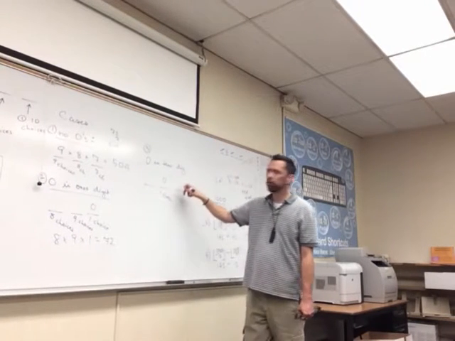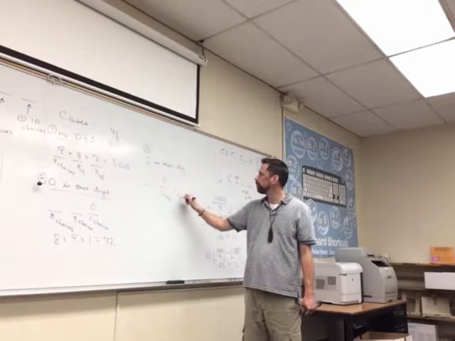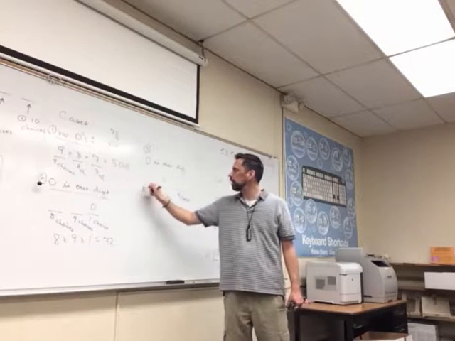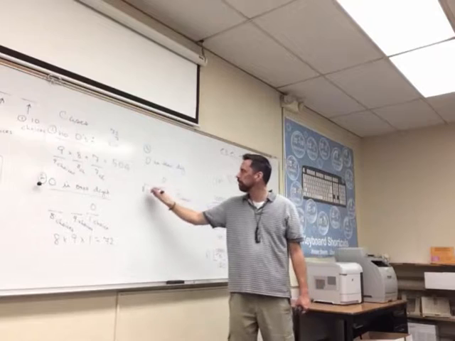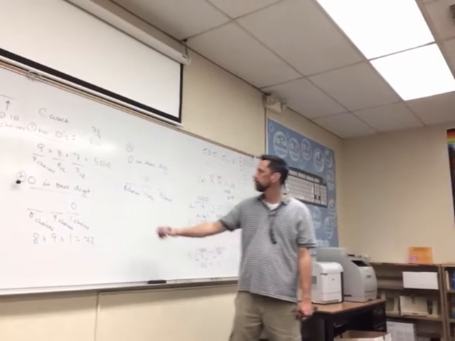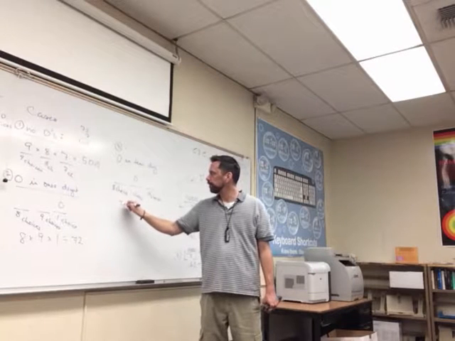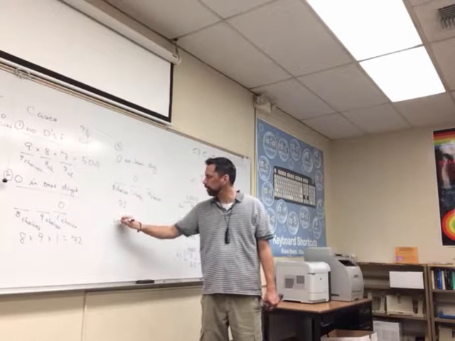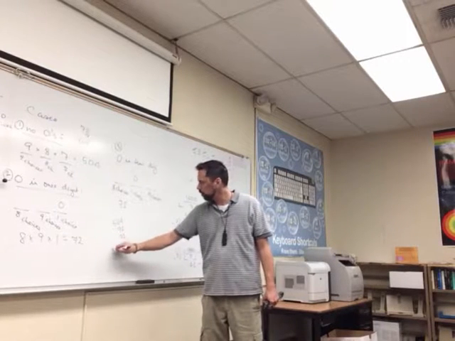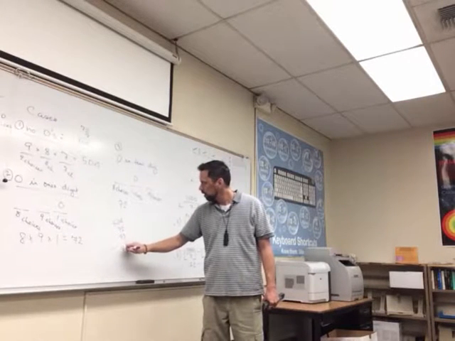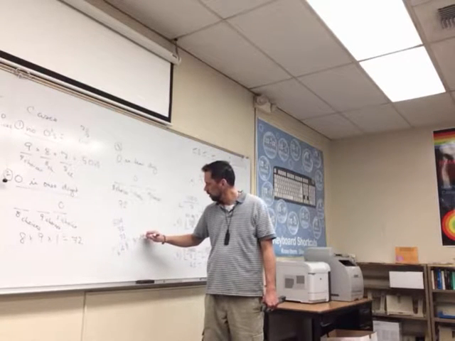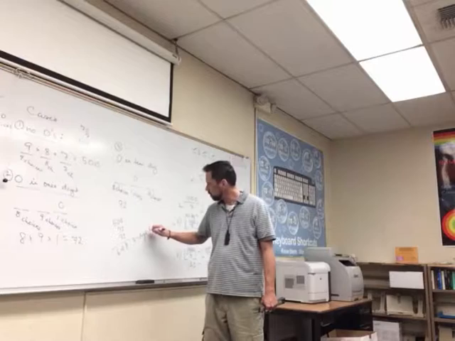You can put anything over here except 0. And you can put anything over here except for the 0 or what you put there. So that's also 72. Okay, so far we are at 504 plus 72 plus 72, which is 648 three-digit numbers with distinct digits.